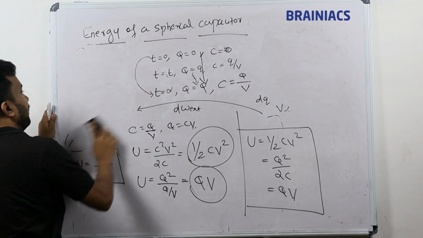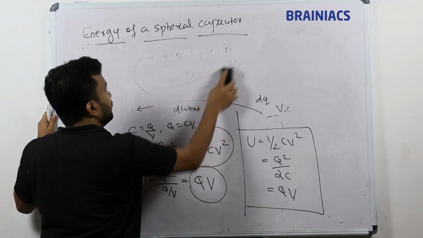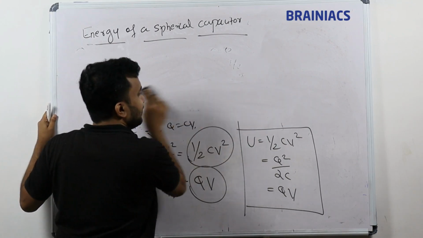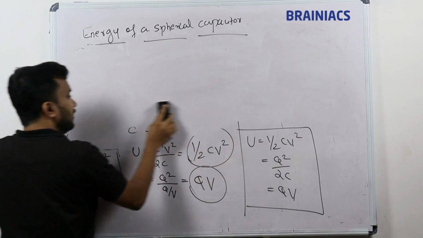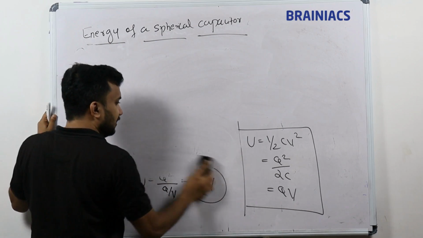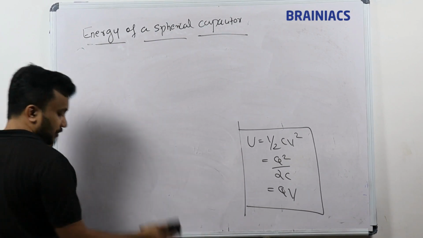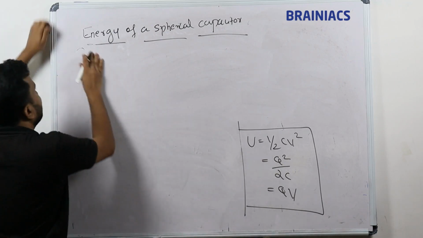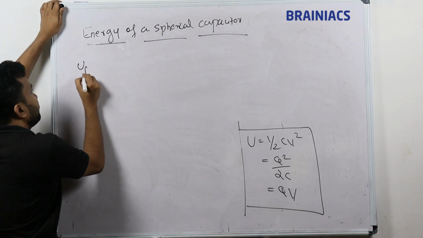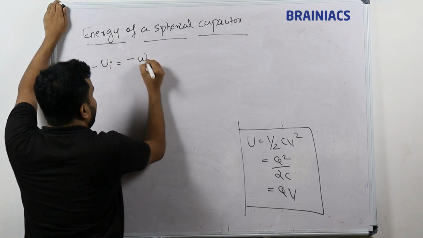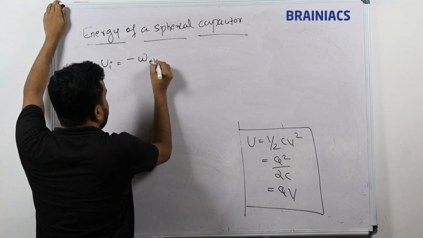I am clearing the board. I want to give one important point to you. Here I have written work done by an external agent, which means externally it is doing some work. We have already learned that the potential energy difference, final potential energy minus initial potential energy, is equal to the negative of the work done by which force?